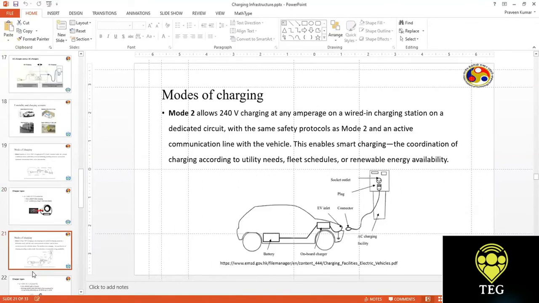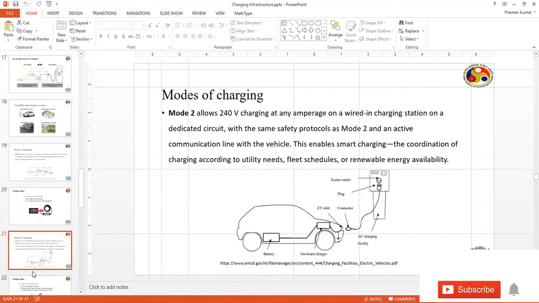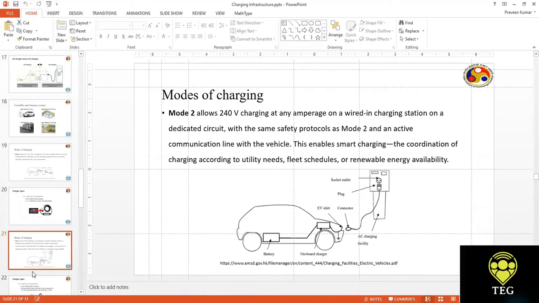Then comes the mode 2 charger. Okay, so here mode 2 charger again operates at 220 volts. Okay, but then it has something extra compared to mode 1. So it allows smart charging.